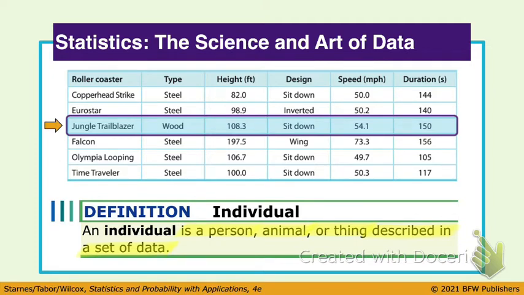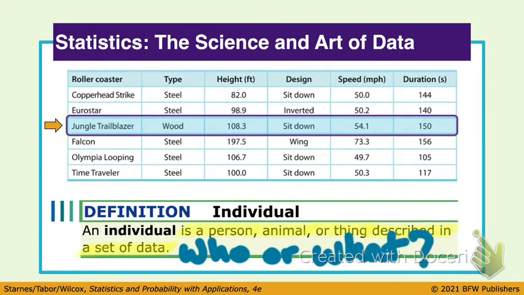Basically, you guys, for an individual, you want to answer the question, who or what is the data about? Who or what? That's what you're trying to ask yourself. Who or what is this data about? Once you answer that question, then you'll know who the individuals are that the data is about.